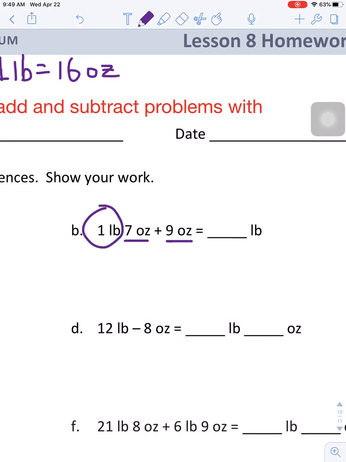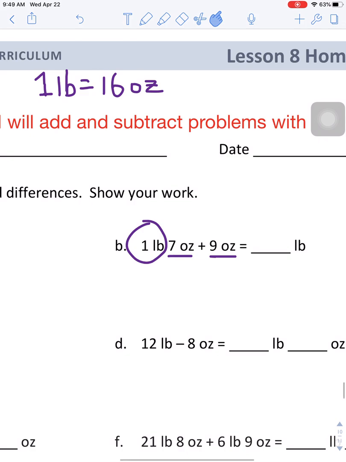I need to convert it into ounces. I know from my conversion that 1 pound is 16 ounces. So I'm going to rewrite this 1 pound as 16 ounces.